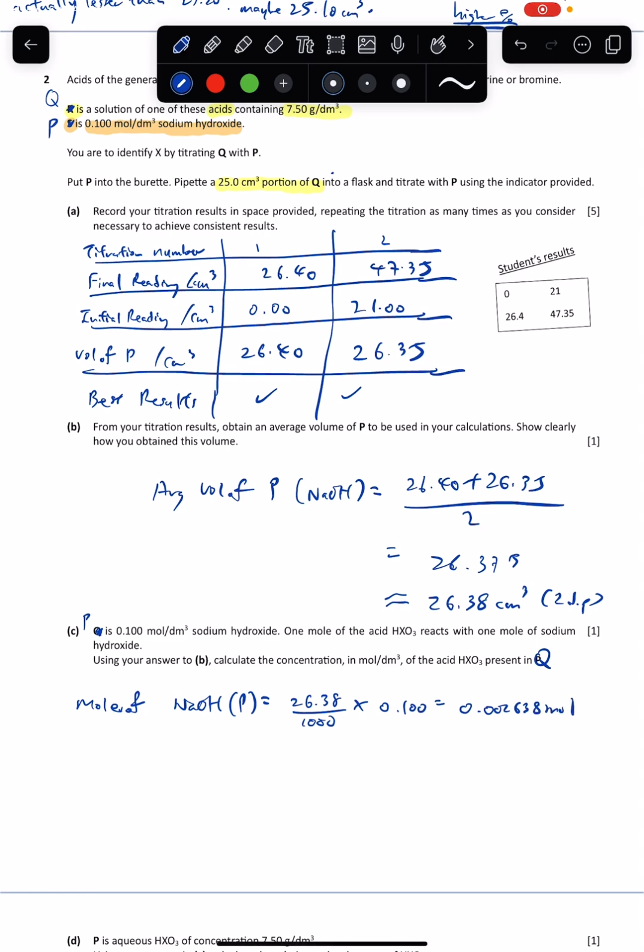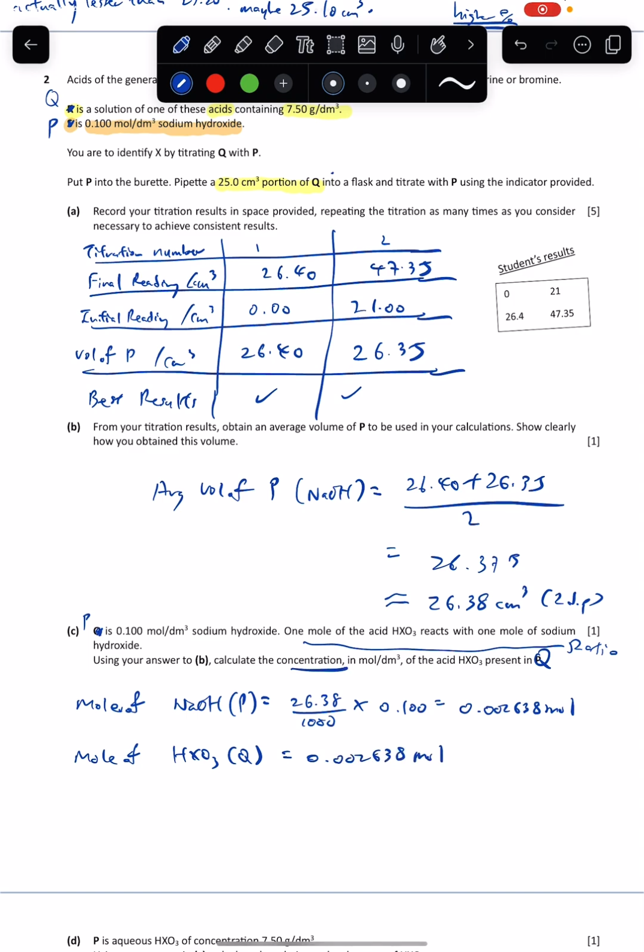So that is NaOH. Then what's the ratio? They tell you already. It is 1:1, so it's the same. So mole of HXO3, which is Q, is the same.